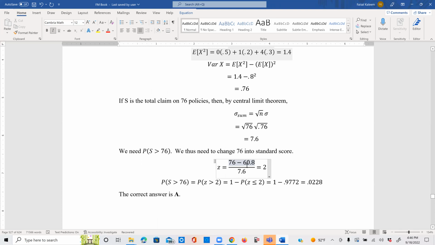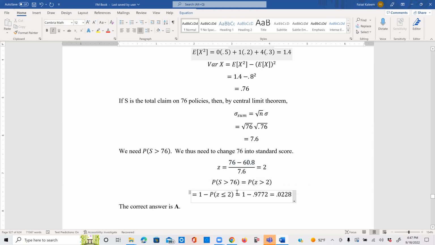So that would be 76 minus the mean, which is 60.8, divided by the standard deviation, 7.6, and that comes out to be 2. So therefore, probability S greater than 76 equals probability Z greater than 2 equals 1 minus probability Z less than or equal to 2.